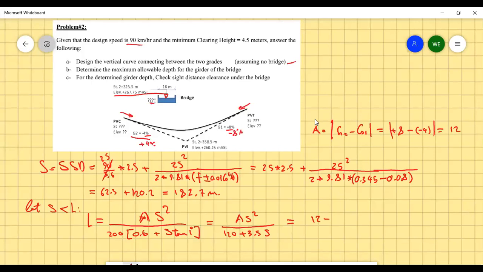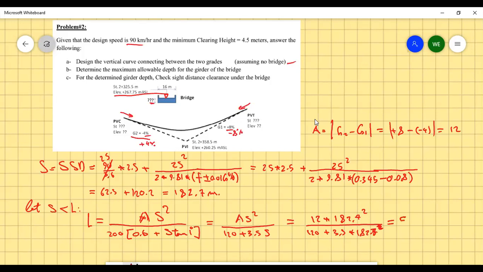So we have 12 multiplied by 182.7 squared divided by (120 plus 3.5 multiplied by 182.7), without the square on the second term.